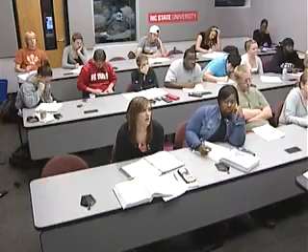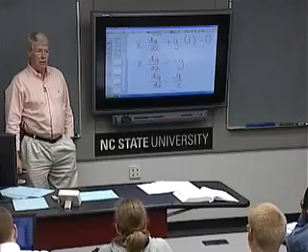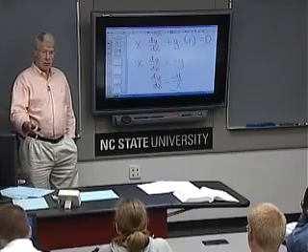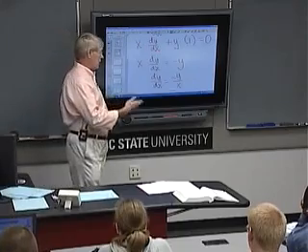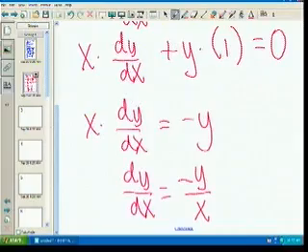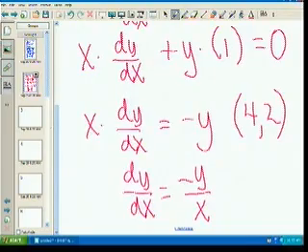And what do we typically do with derivatives when we're done with them? What are some of the different things we've done? We've plugged in a point, like they'll give us a point. Let's take a point on this curve. 4, 2, right, is a point on this curve. What's the derivative at the point 4, 2? Well, typically, we had our answer only in terms of x, and we plug in 4, right?